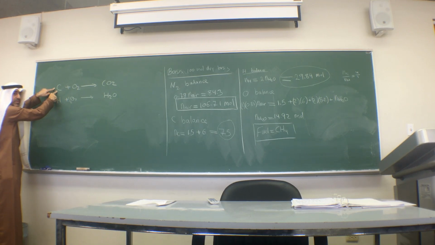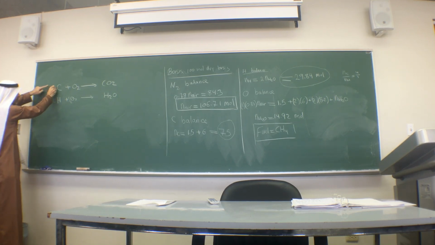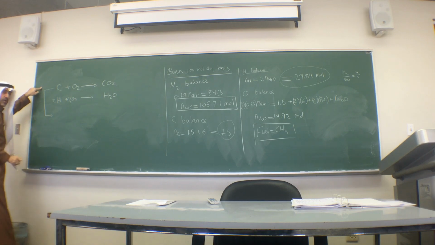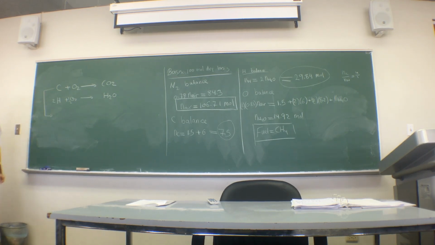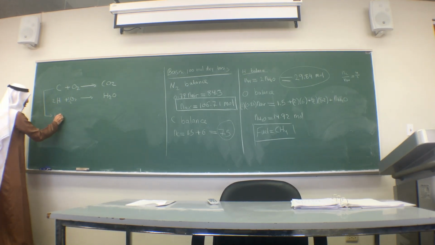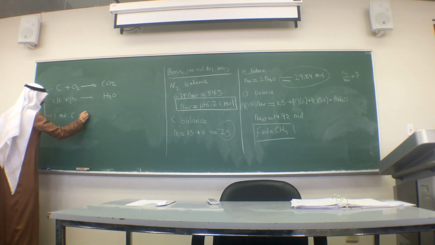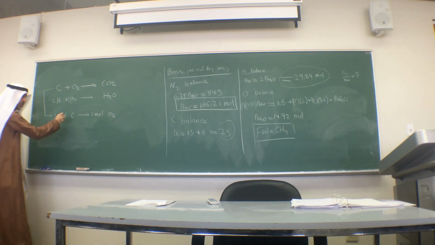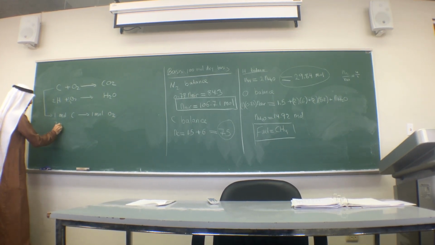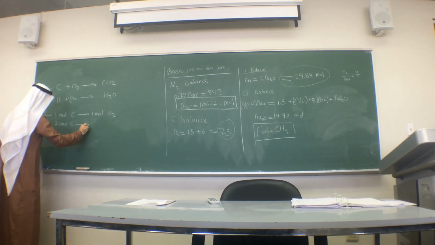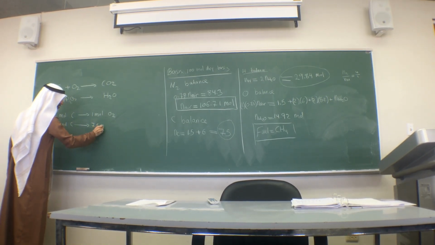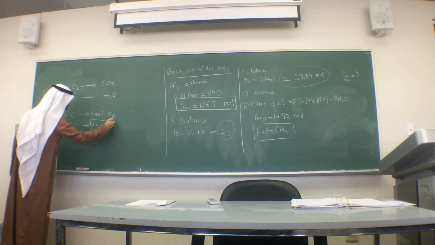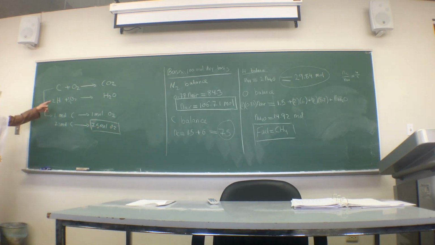How many mole oxygen I need for this reaction? 7.5. 1 mole C needs 1 mole O2. So I have 7.5 mole C, it will need 7.5 mole O2. So this is the amount of oxygen needed for the first one.